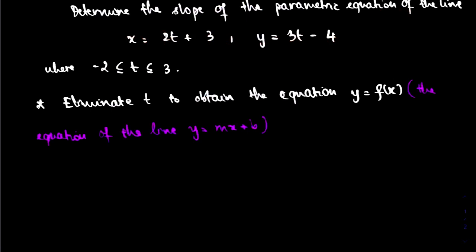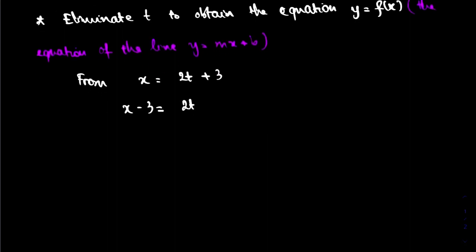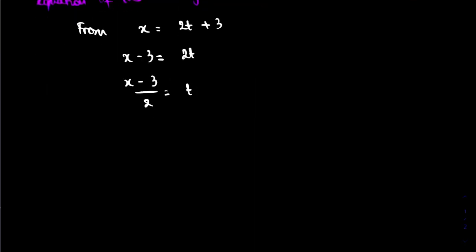All right, so let's eliminate the parameter t. From x equal to 2t plus 3, we get x minus 3 equal to 2t. Then divide both sides by 2, and you get (x minus 3) over 2 equal to t. Then you substitute t into the equation y equal to 3t minus 4.